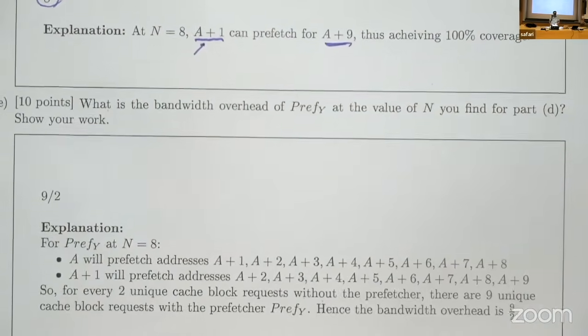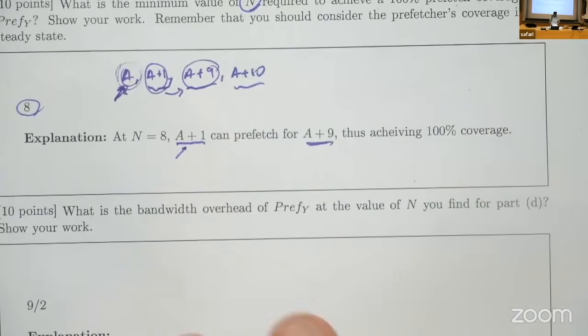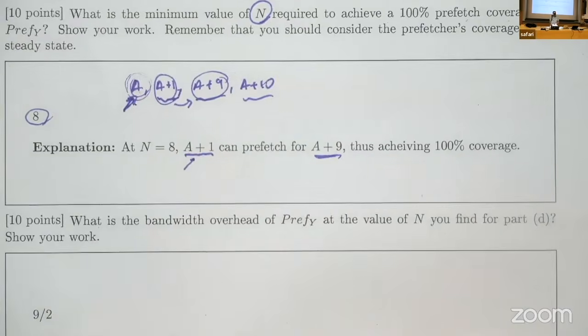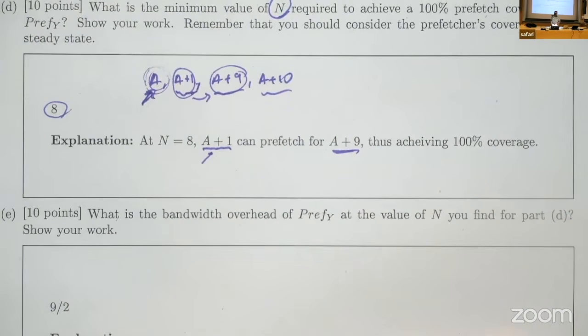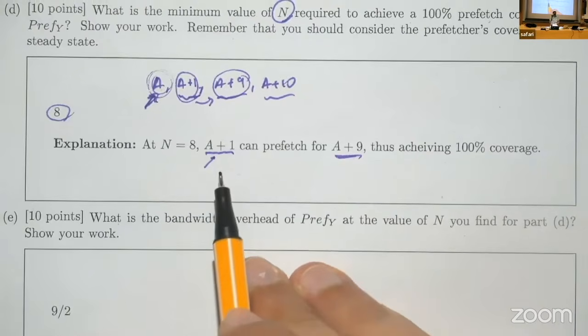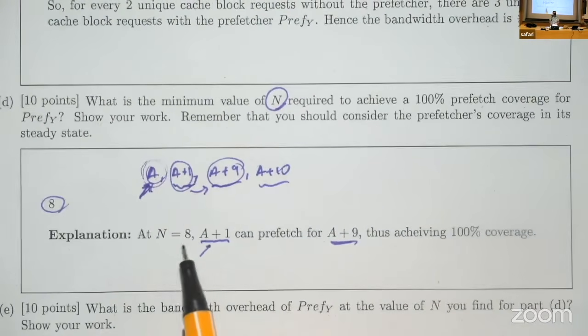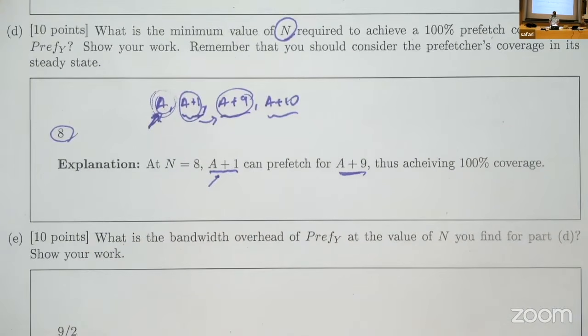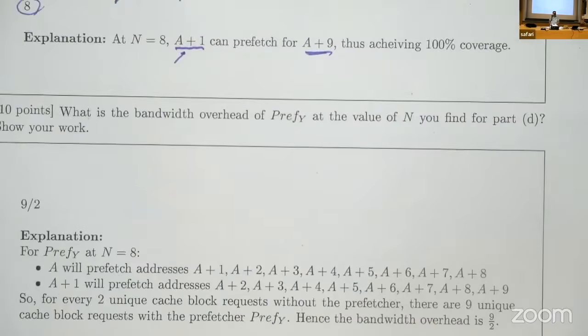Again, this is the bandwidth overhead calculation that we have for this new prefetcher with n of 8. Here again, we need to simulate. I will not simulate, actually, it's already written here.